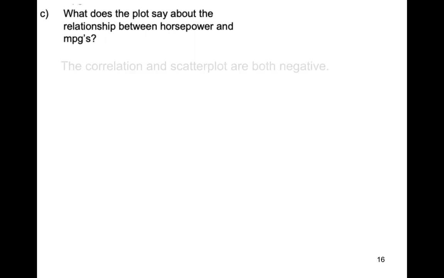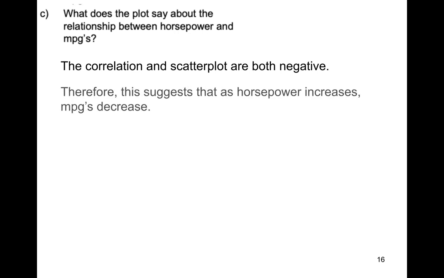Okay, what does the plot say about the relationship between horsepower and MPGs? Remember that both the correlation and the scatter plot were negative. They were negatively sloped. So what that means in the context of the problem is that as we increase the horsepower, the mileage decreases.